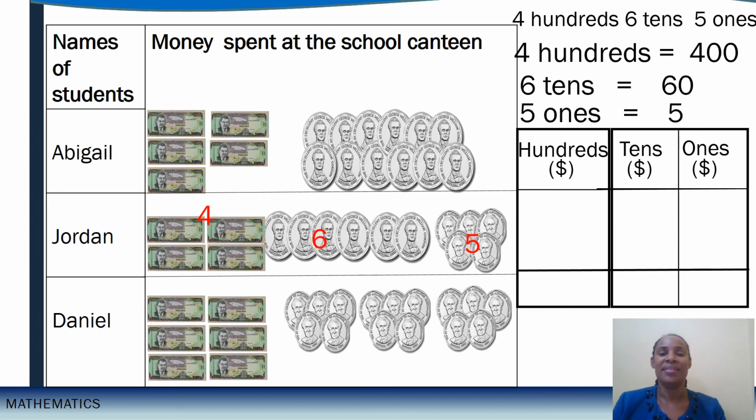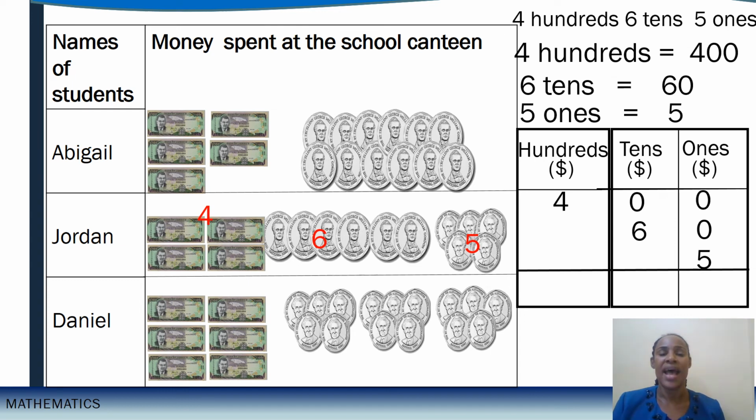So we will write the numbers on our place value mat. We have 400, and for 60 we have 6 tens, 0 ones, and we put in our 5 ones. There we go. Now let's add each place value.